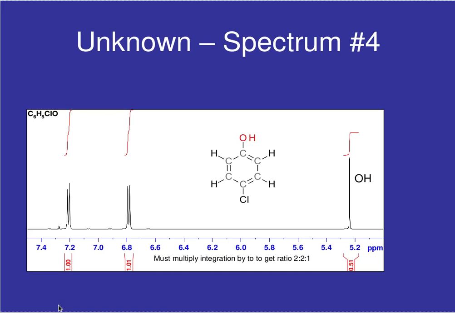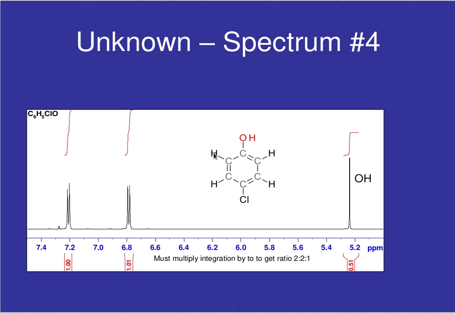You'll see over here, the only way to do it actually is, here's your benzene ring, and you'll notice that this proton is chemically identical to that proton, so those signals will overlap. This proton is identical to that proton, so those signals will overlap.